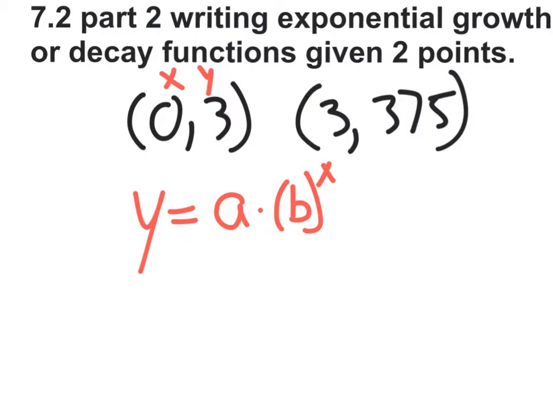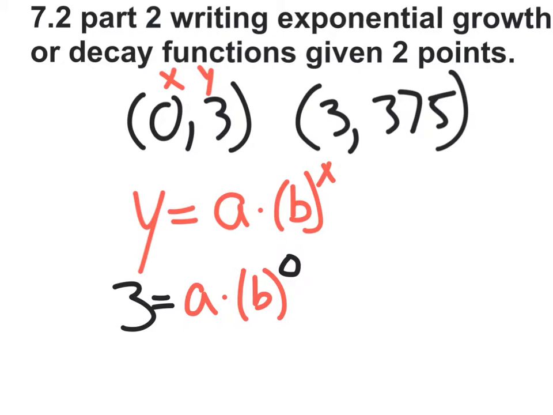Check it out. This only works because your x is 0 on the first coordinate. So your y is 3, so it's going to read 3 equals a times b to the power of x, which is 0. Now, it's beautiful when you have the power of 0, because anything to the power of 0 is 1.